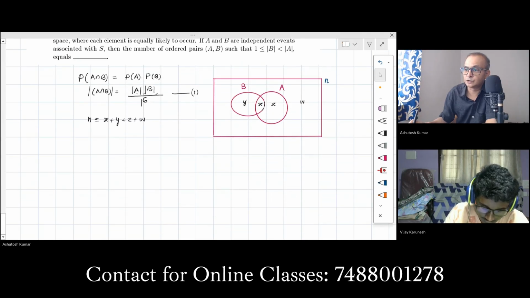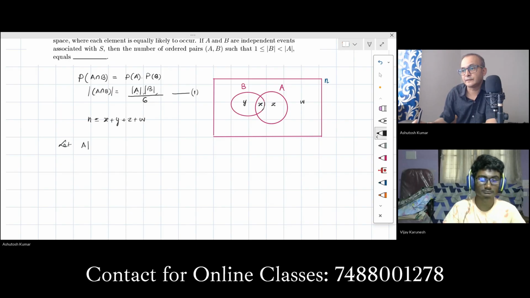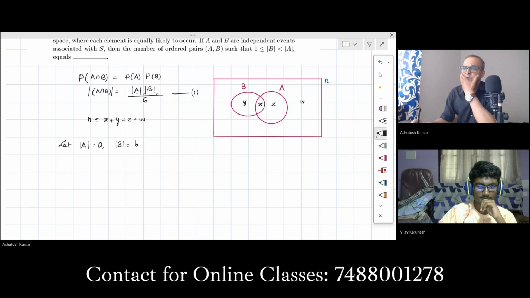Let's say here I'm just giving the pair AB. Let's say the number of A is small a and the number of B is small b, correct? If you give the numbers a and b, then what is the x value you can write?